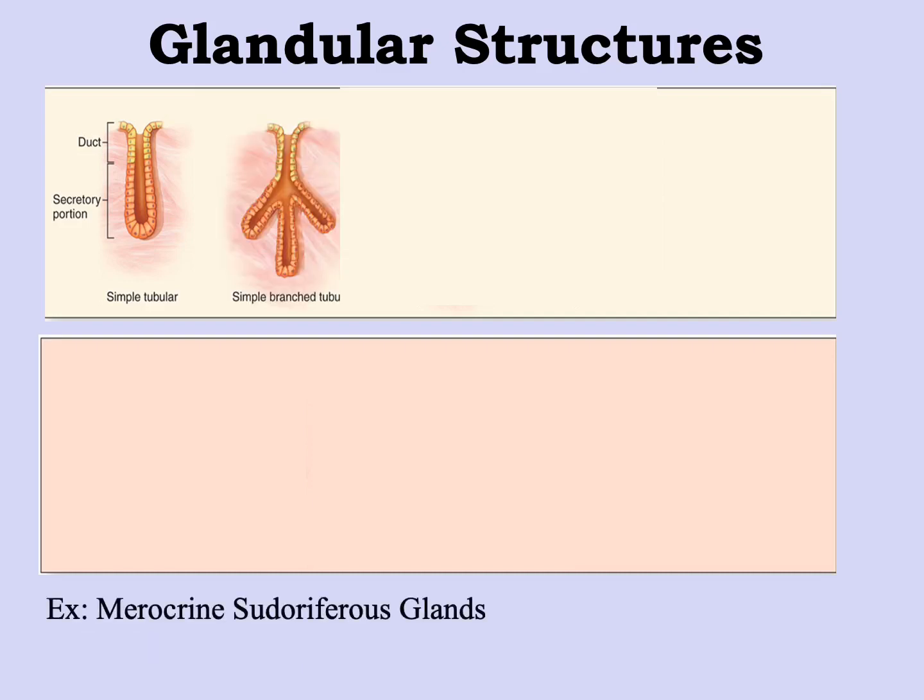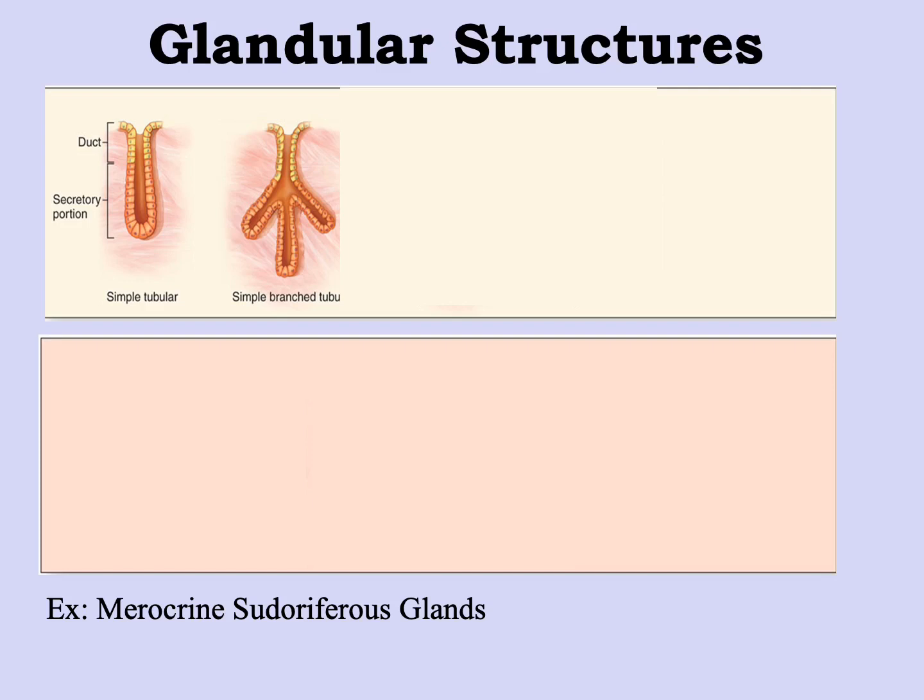The next most complex is going to be what's referred to as the simple branched tubular. And so in the simple branched tubular, what we have is tubes again, but instead of having a single tube, we now have multiple tubes. And these multiple tubes are going to junction together into a single duct. An example of this is a merocrine sudoriferous gland.